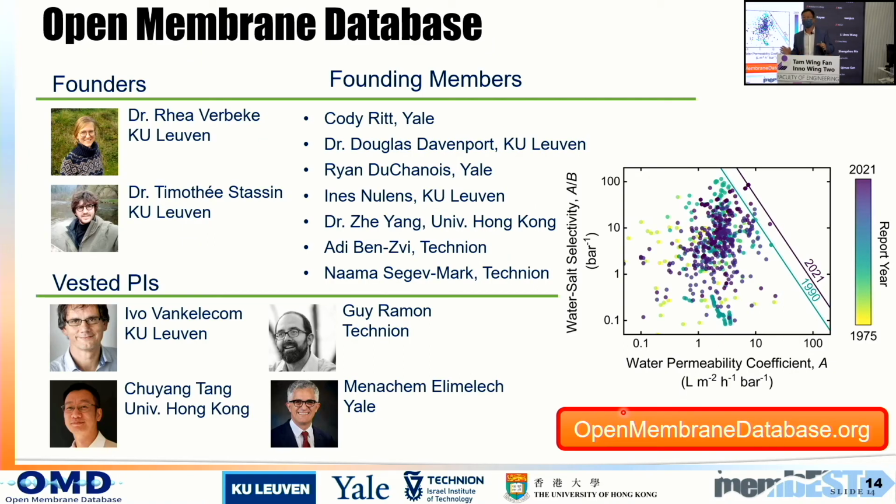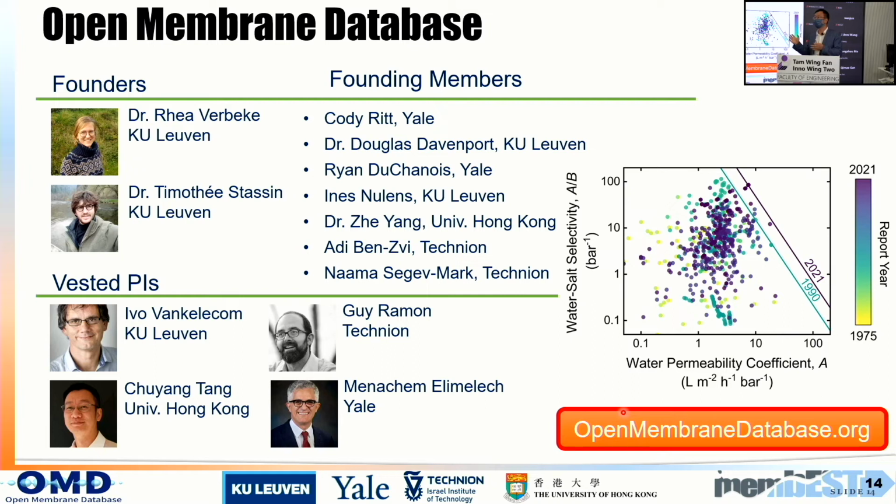So we are working on many different kinds of membranes, but because of time limitation, I only show some examples. And in addition to making membranes, we are also trying to establish some kind of standard membrane material database. So we team up with Yale University, with KU Leuven, and with TechTalk to build an open membrane database.